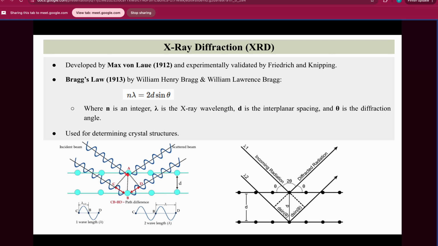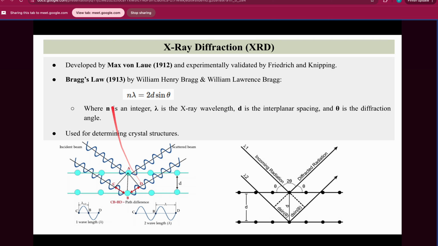Now the X-ray beam is coming, it will hit those particular atomic points, and then it will get diffracted. These are the two planes, and the distance between two planes is generally d. Now our aim is to find the path difference.